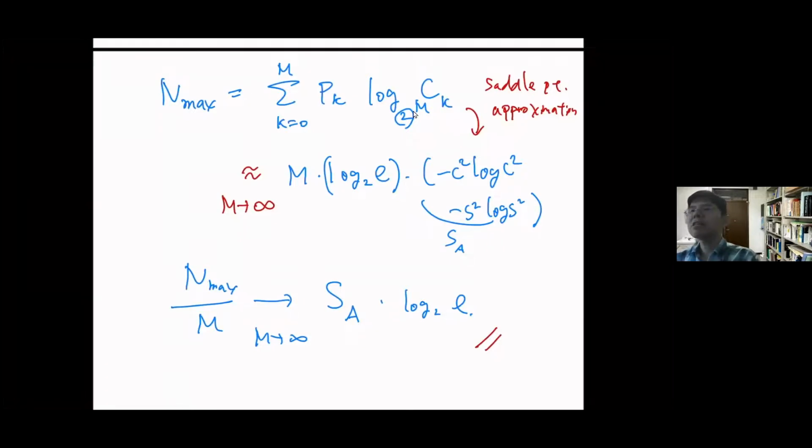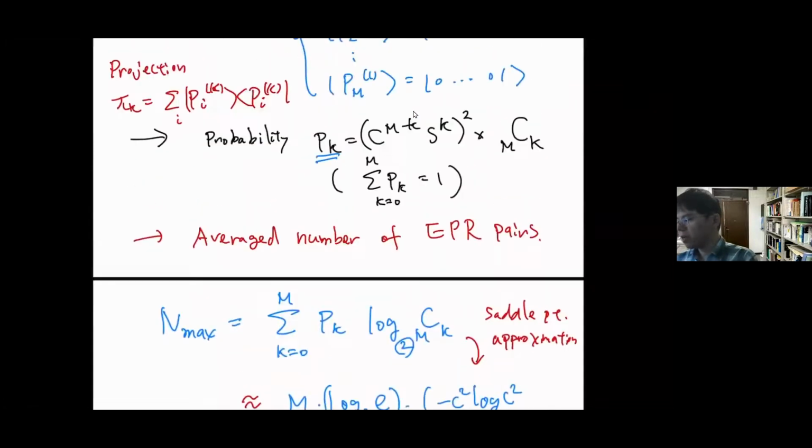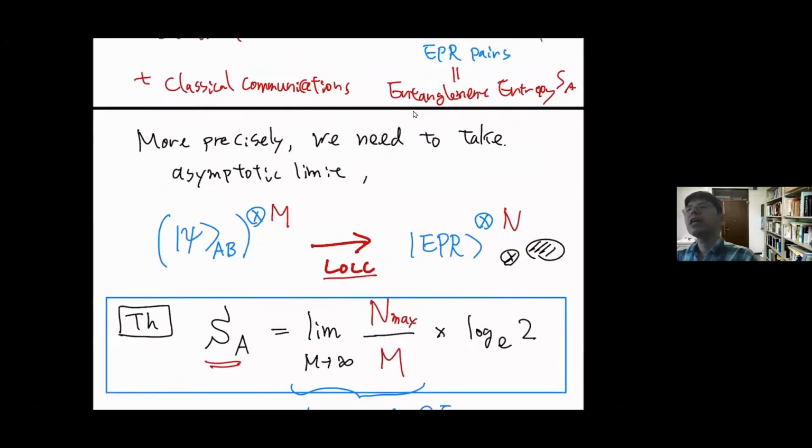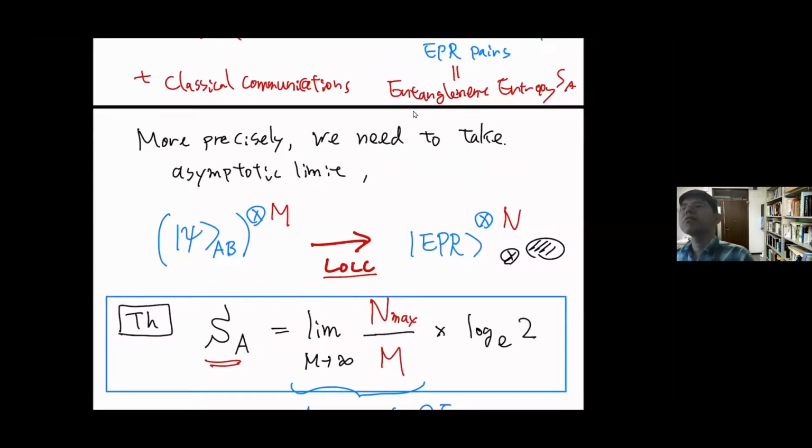That's the reason I talked about this. The precise connection of this procedure, especially the meaning of the asymptotic limit in AdS/CFT, is not clear at this point. I think it's quite interesting for future work.